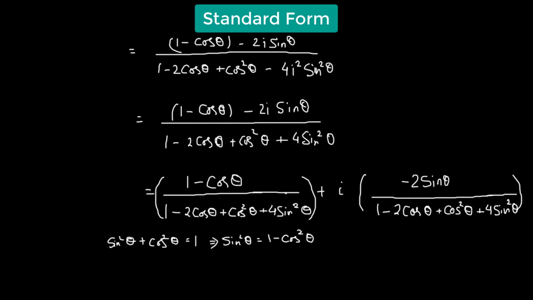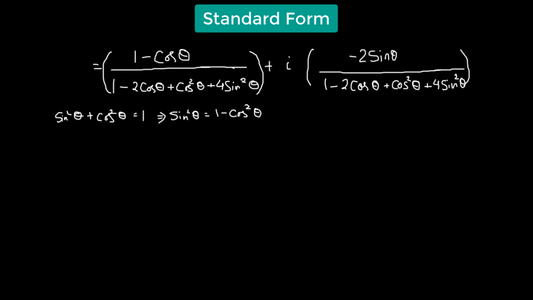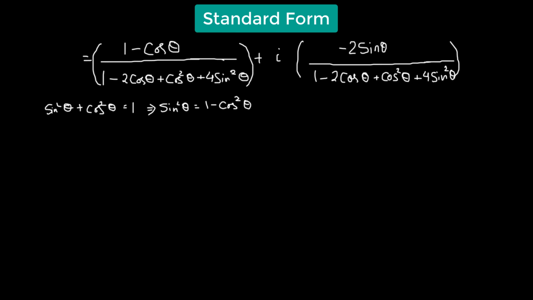So if we look at the denominator, we have 1 minus 2 cos theta plus cosine square theta plus 4 times sine square theta, which we are going to replace by 1 minus cosine square theta.